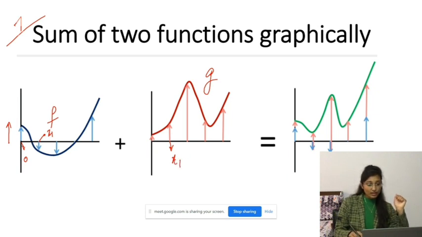So at our origin, the positive direction we are taking as upwards, and this is also upwards, so it is being added here. And at our second point, function f is in the downward direction and function g is in the upward direction.